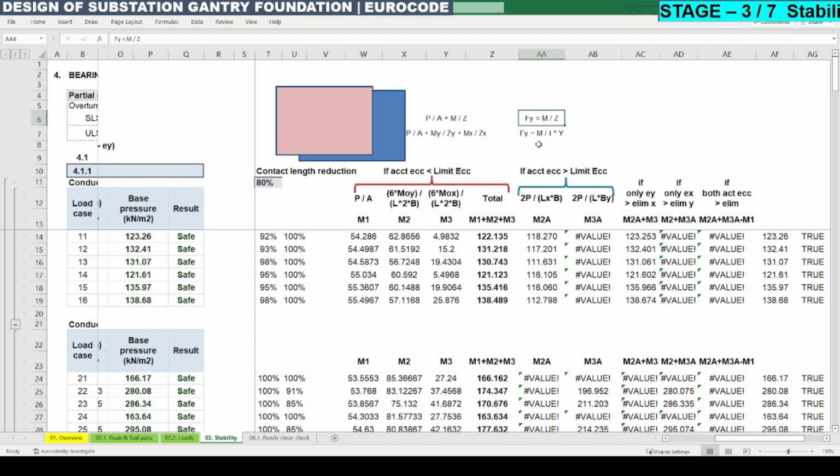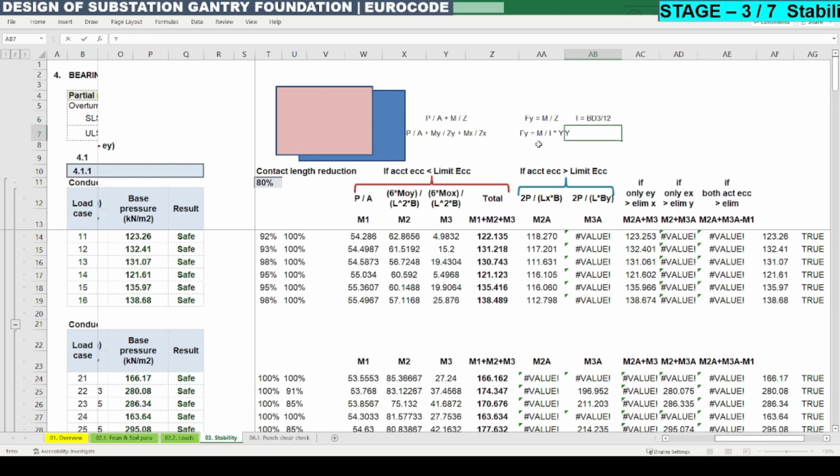So this M by Z. We know that the section modulus formula for a rectangular section is BD square by 6; BD cube by 12 is the I value. We all already know this, right? So BD cube by 12 is the I value.